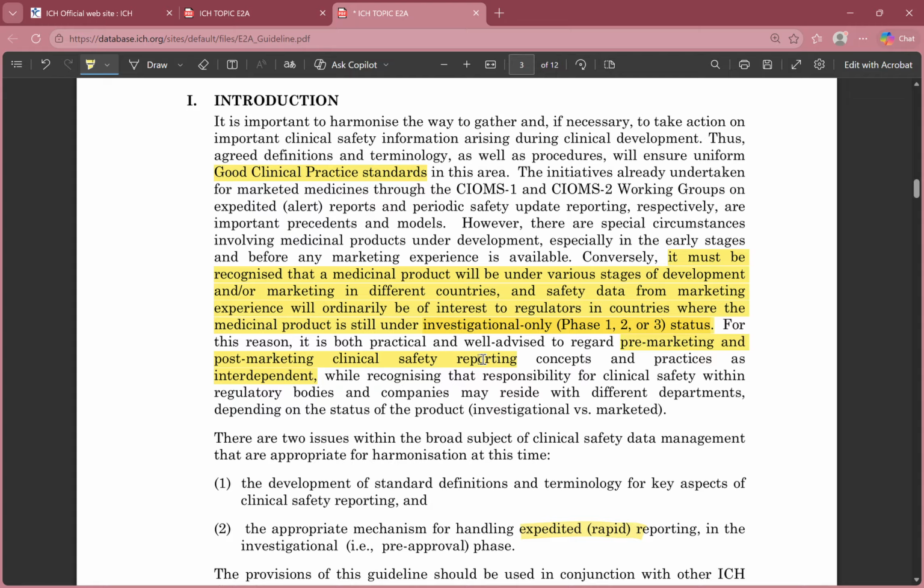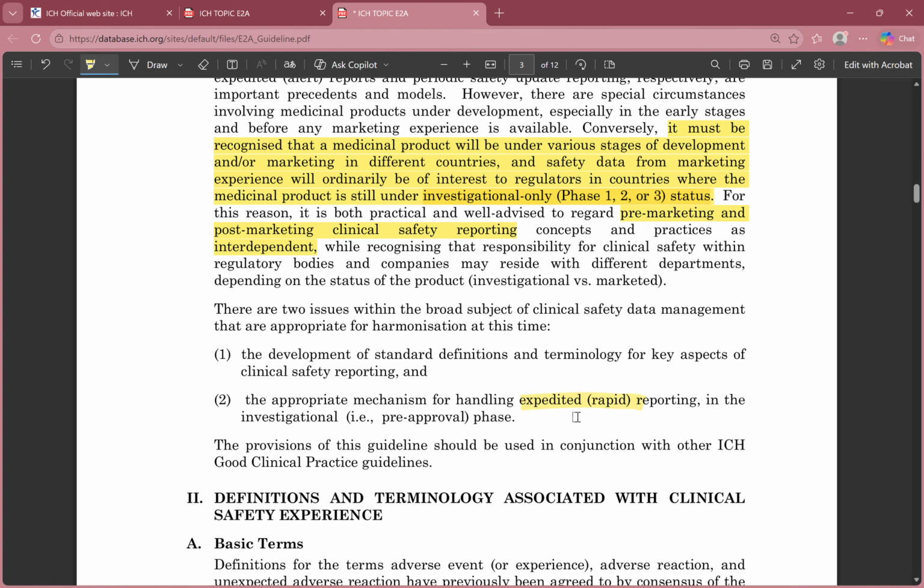Then we have the pre-marketing phase, which we talked about here, which is the time before the drug is approved, the clinical trials, and the post-marketing phase, which is the time after the drug is approved and sold in the market. And we have a term here which is expedited, meaning rapid reporting, which is generally in relation to the rapid reporting of serious safety events to the regulators during the clinical trials.